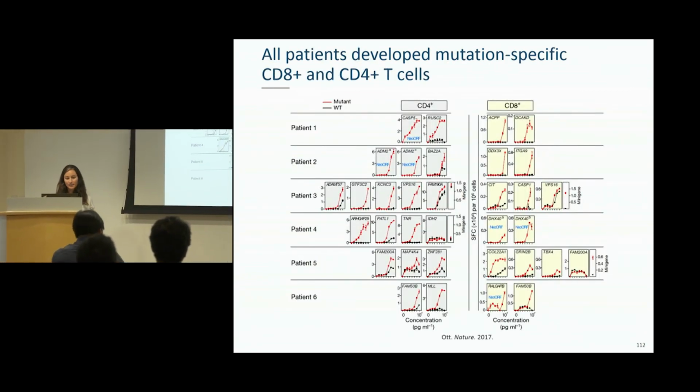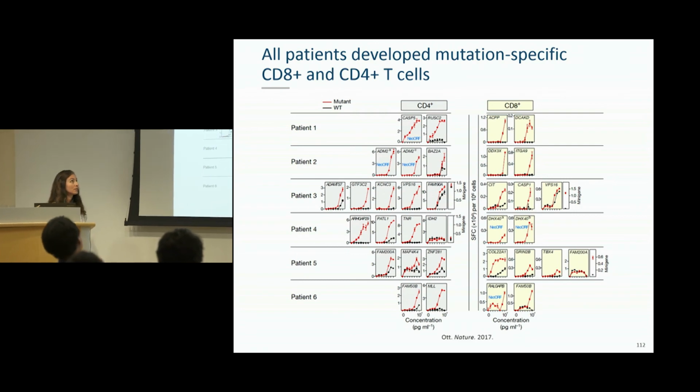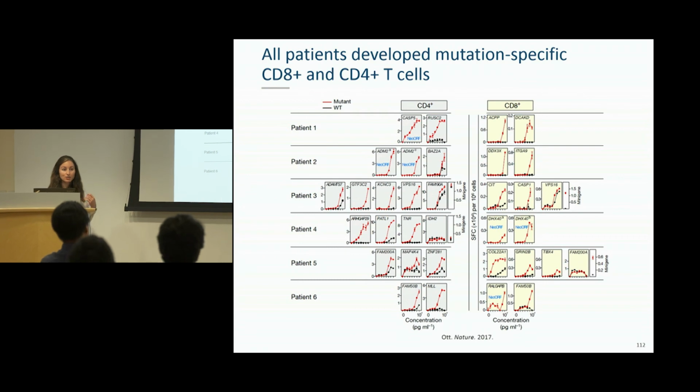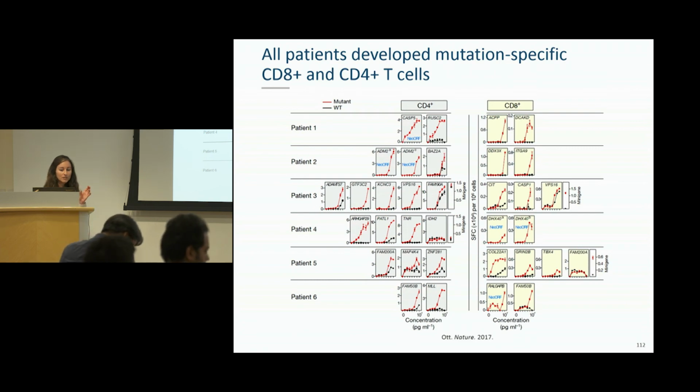So it was really exciting to see that all patients actually do develop T cells that are specifically recognizing the introduced peptides in the vaccination. So these results show both responses against CD4 and CD8 T cells, where we have T cells that recognize the immunizing peptides, but we also show that they do not react against the wild-type version of those peptides.